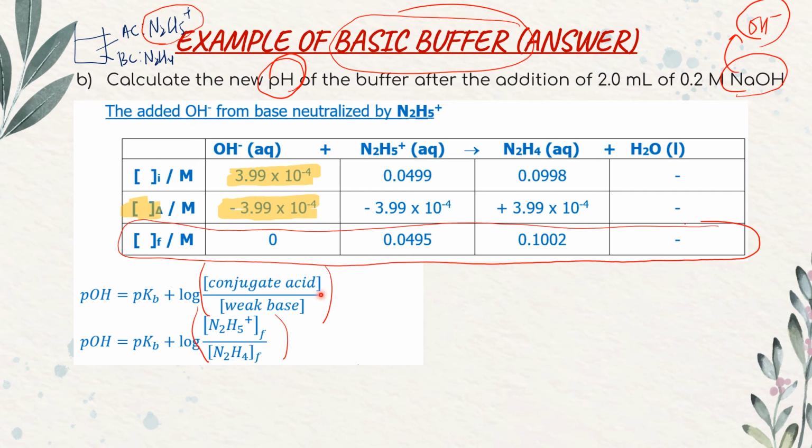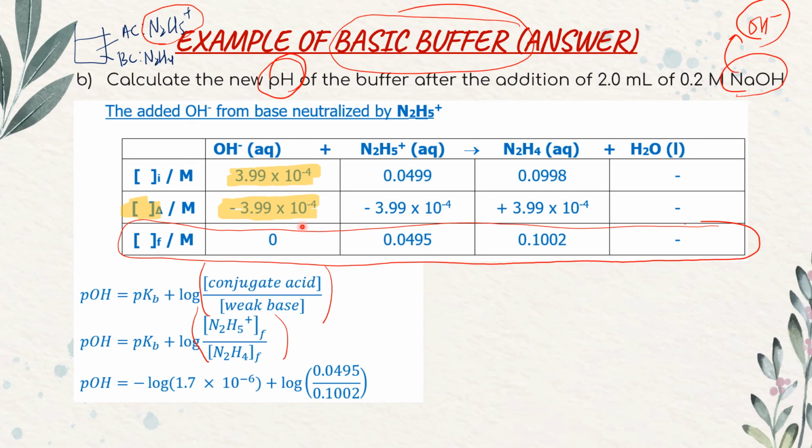As you can see, when the neutralization ended and the system neutralized the OH minus, there is a decrease in the concentration of N2H5 plus, and also an increase in the concentration of N2H4. That is why we put the final, a new concentration after the reaction has finished.